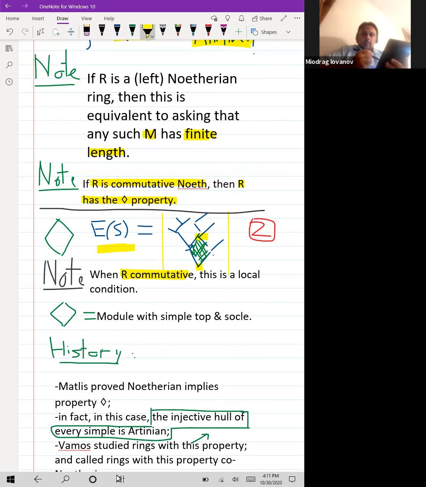Modules like this, which have a simple top and a simple bottom, are usually called diamond modules in representation theory. And you could even give an example that starts exactly from this diamond picture.